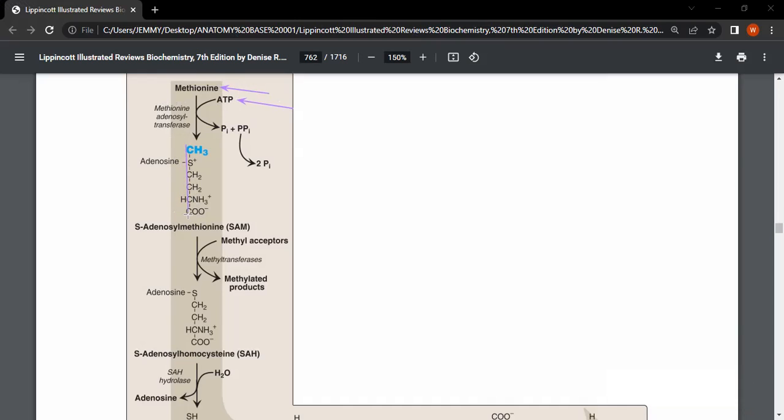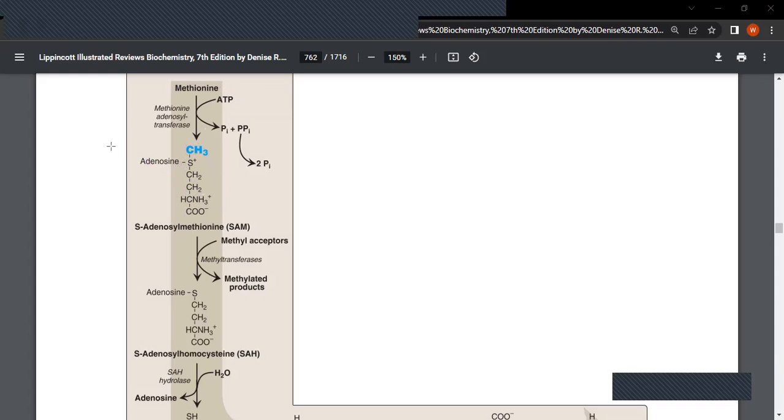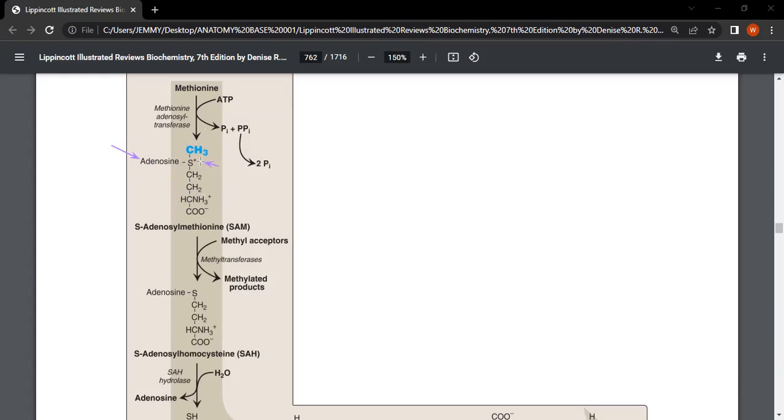You can see this is your alpha carbon here, where you have your carbonyl carbon and amide group, and this adenosine group is added to the sulfur here.